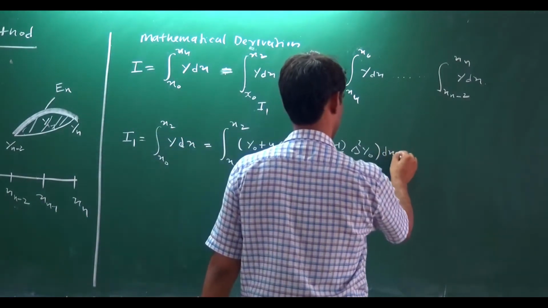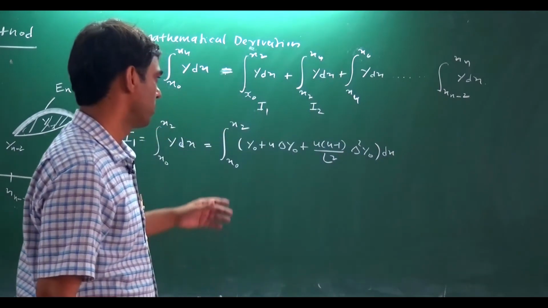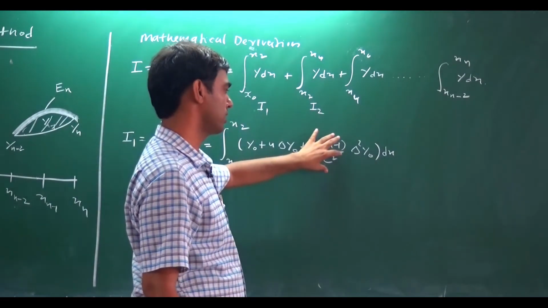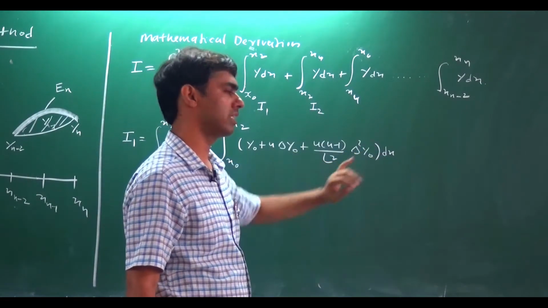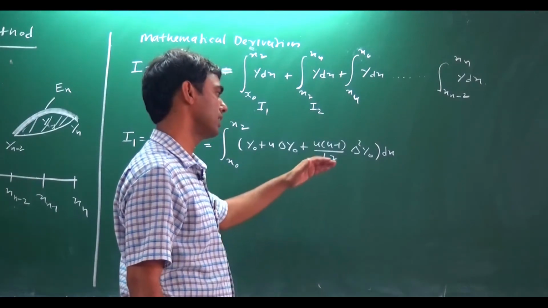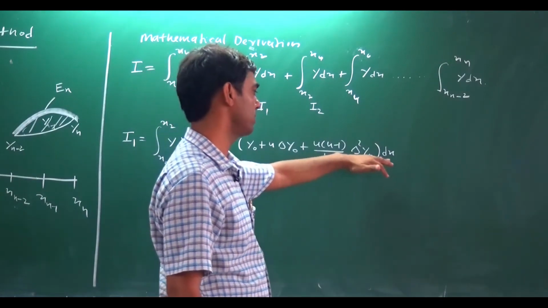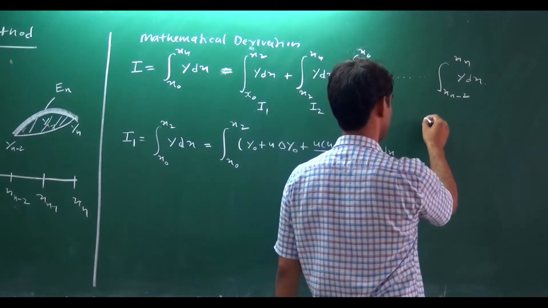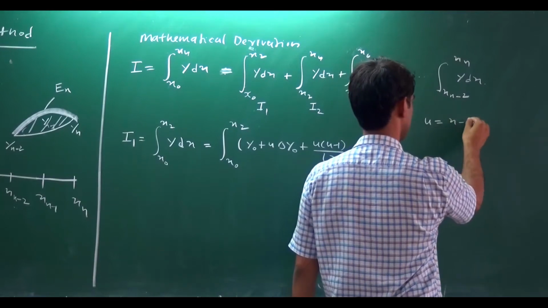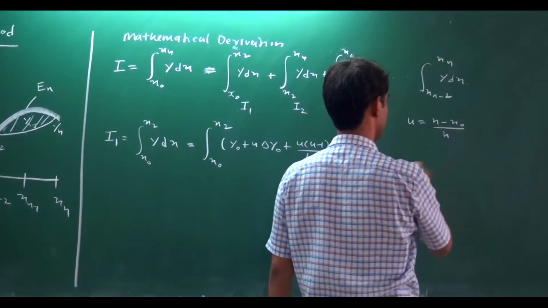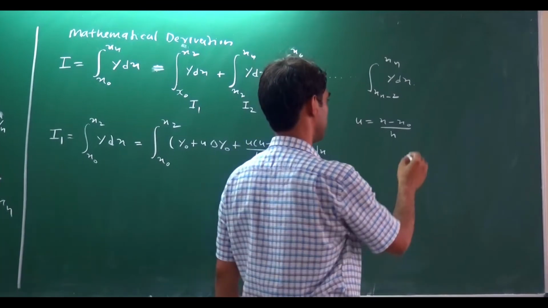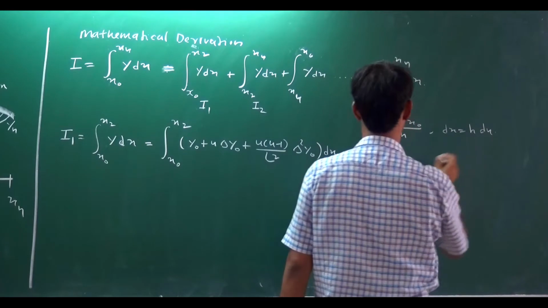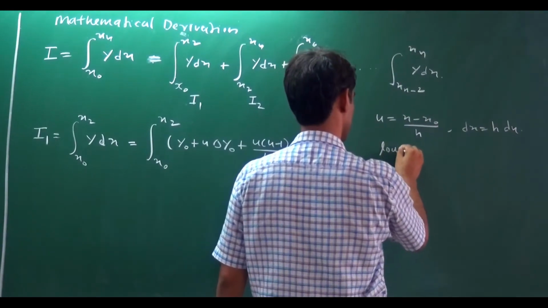So dx. This is a function of u, but here we are going to integrate with respect to x, so we cannot integrate like this. We convert it in terms of u, and we know that u equals x minus x0 upon h. So dx becomes h du. What is the lower limit?